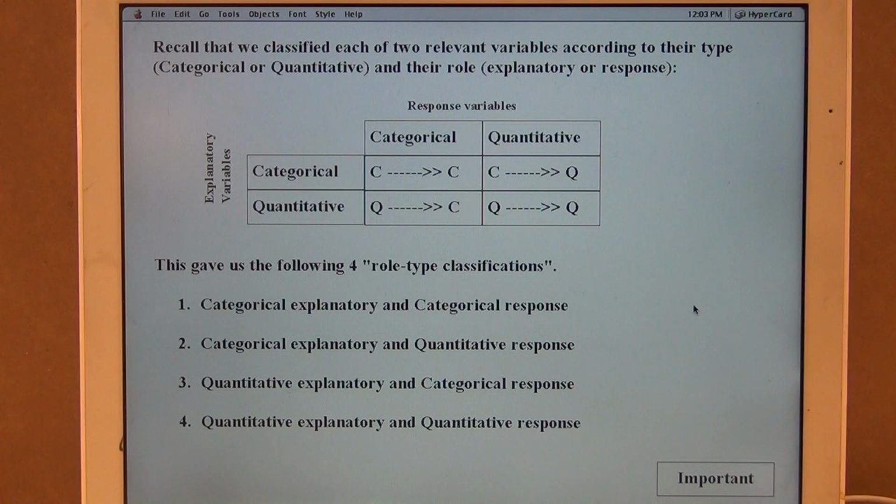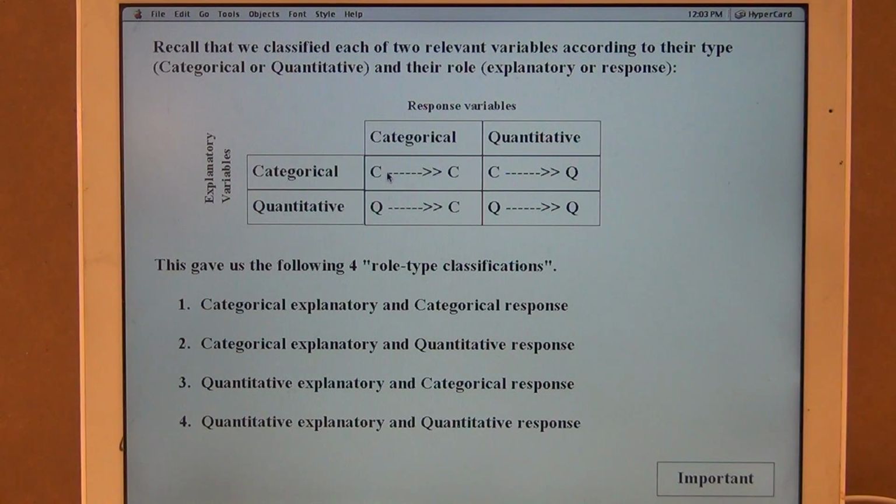Okay, we recall that we can classify each of two relevant variables according to their type. They could be categorical or quantitative, or their role as an explanatory variable or their role as a response variable. And we have put up this model. It gives us four role type classifications.